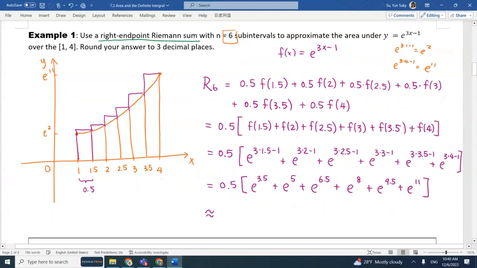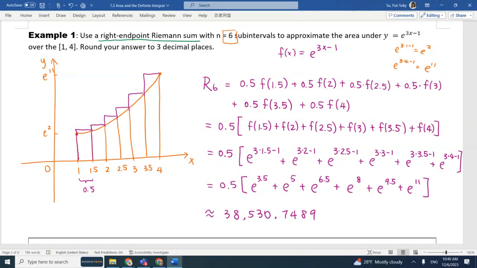Plug this in and get as many digits as your calculator displays. 839.